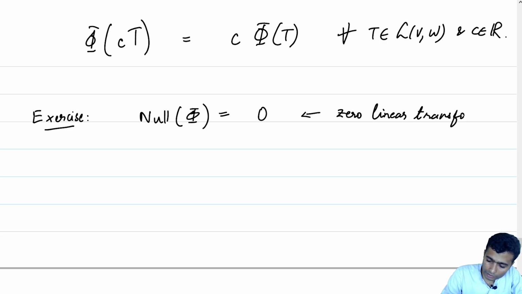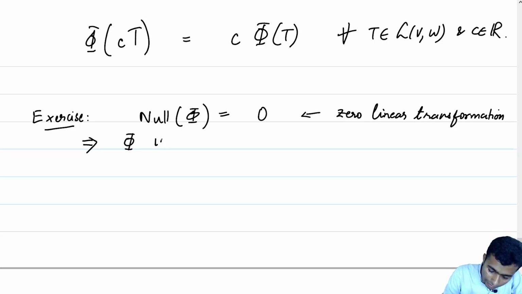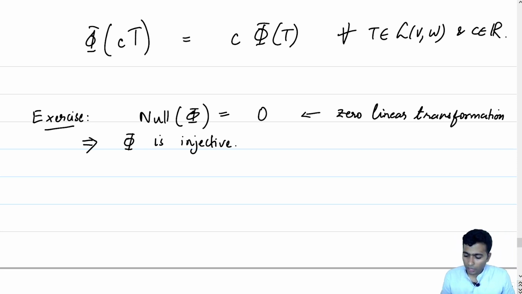Just notice what the matrix corresponding to phi will turn out to be if the linear transformation is being mapped to the 0 matrix. It will just be the matrix with 0 entries, which means that every basis vector is being sent to the 0 vector, and therefore the linear transformation is the 0 linear transformation. So this particular exercise establishes that phi is injective. Notice that we have already shown that phi is a linear transformation, and this tells us that phi is injective. And how about surjectivity?